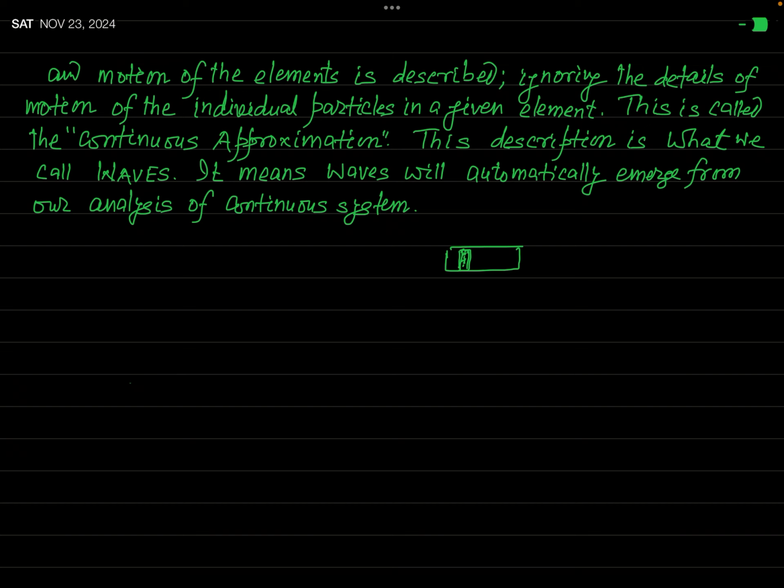In this situation, we simply say that we are talking about waves. So in this way, the idea of waves gets generated. The idea of waves comes into the picture. In other words, you can also say that waves will automatically emerge from our analysis of a continuous system.